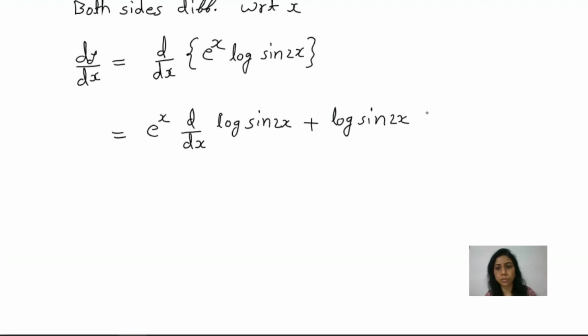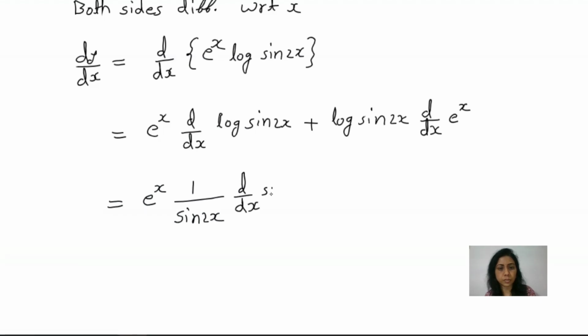and differentiate the first one, d upon dx e to the power x. E to the power x, write as it is, and we know that whenever we differentiate log x we get 1 upon x. So here, for log sine 2x, this will be 1 upon sine 2x, and here we are using the chain rule, so we differentiate sine 2x, this part.